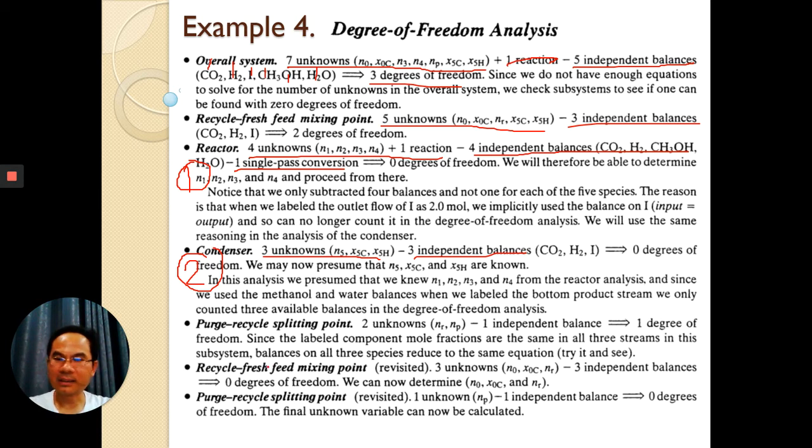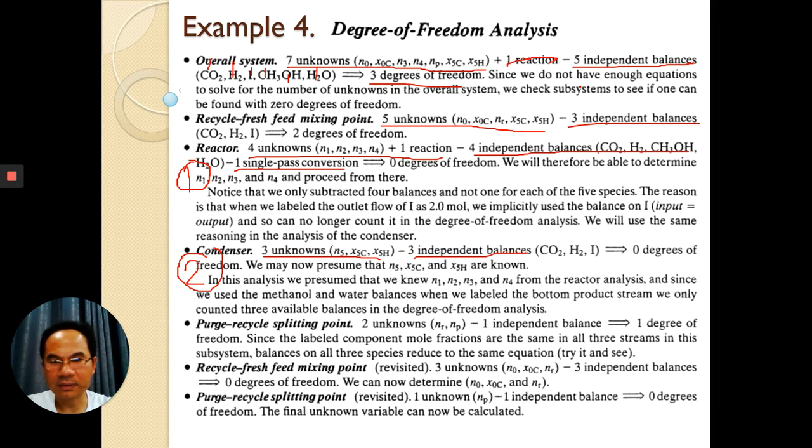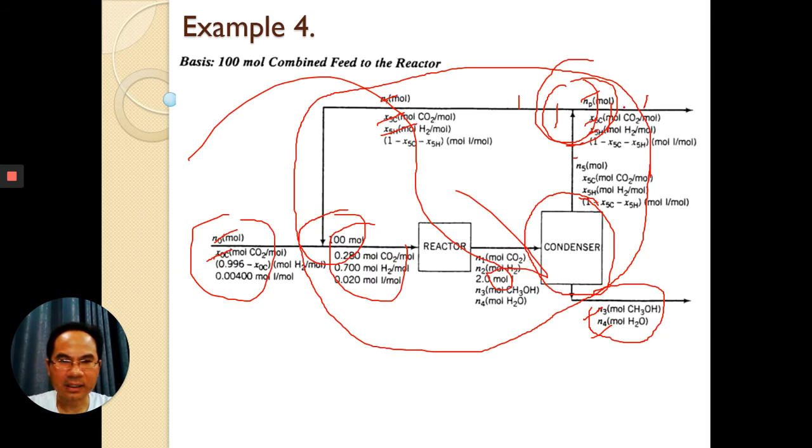Then you consider the first recycle splitting point. For this point, your unknowns are NP, NR, X5C, X5H: 4 unknowns. You already know X5C and X5H, so the 2 unknowns are NR and NP, but we have only one independent equation.